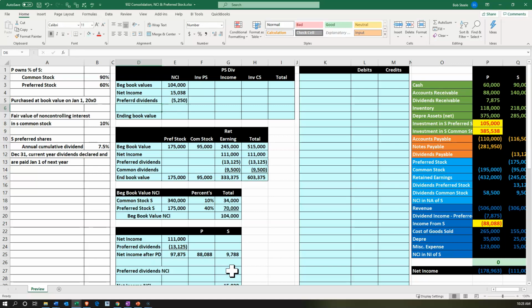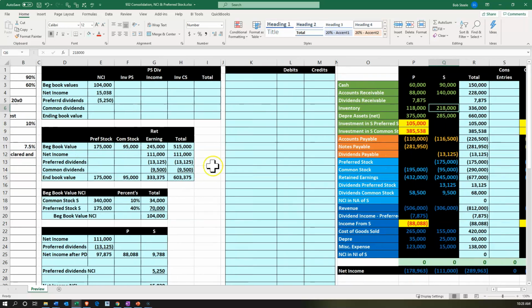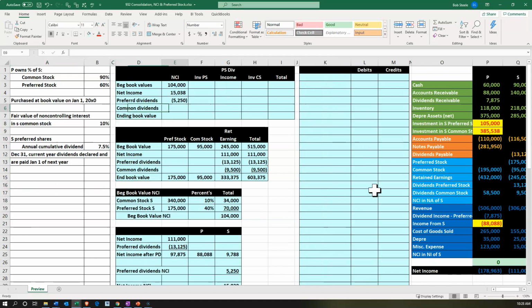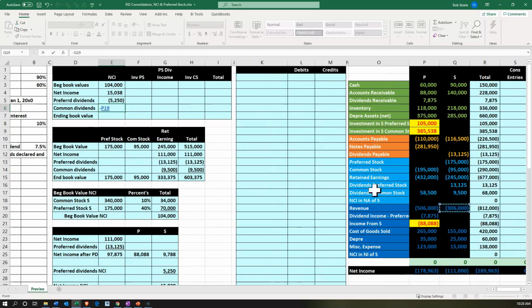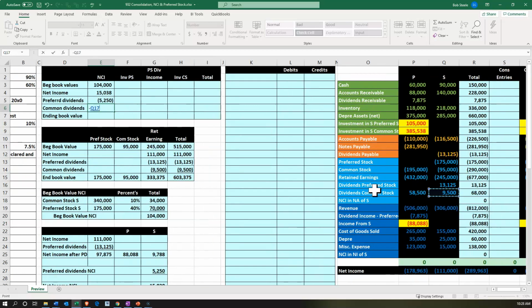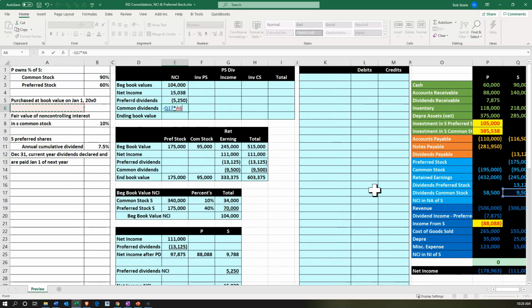And then we've got the common dividend. So this is going to be common stock dividends, which you could see the dividends over here that were given for the common stock. So this is the total dividends, non-controlling interest portion, 10%. So I'm going to do that with a little calculation. That's going to be a negative because I want to make it a negative number here of the 9,500 times the 10% for the non-controlling interest portion.